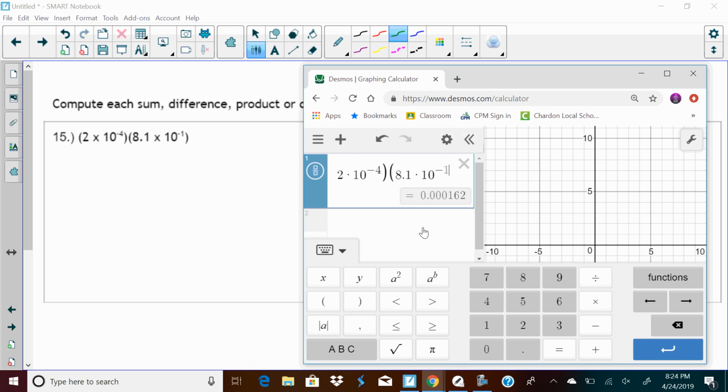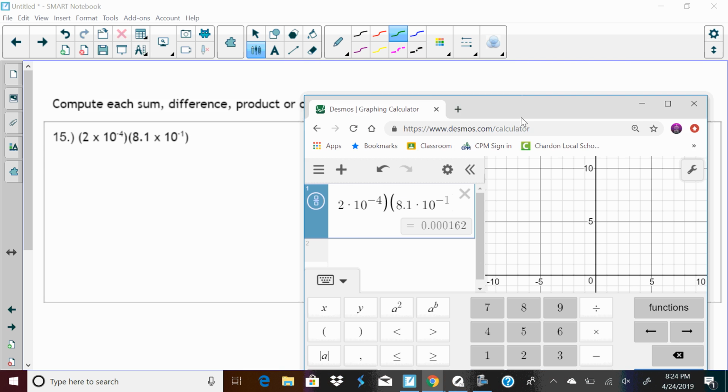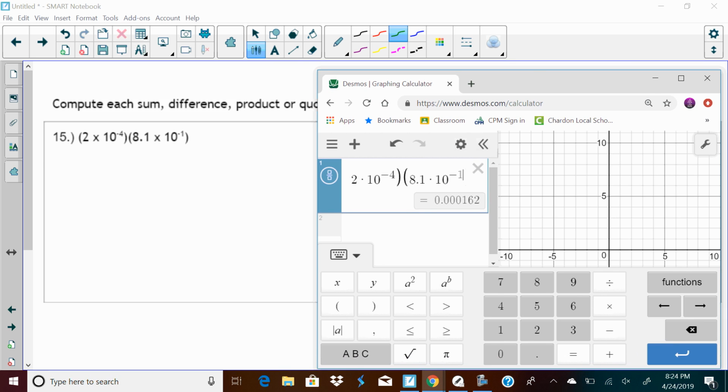It gives me the answer of 0.00162, but I'm pretty sure it says convert the final answer to scientific notation.